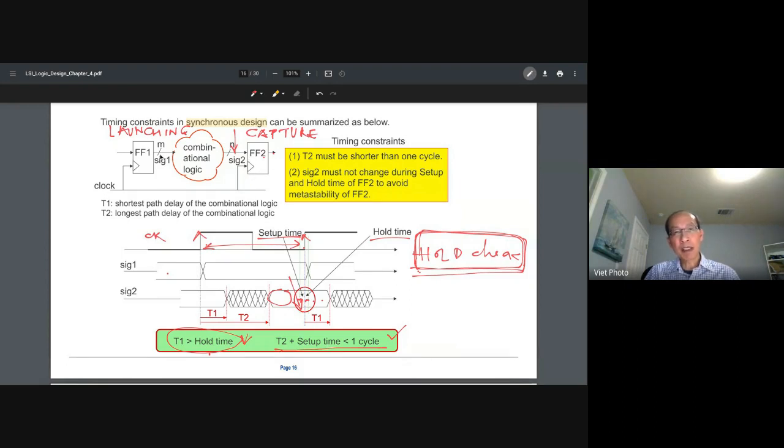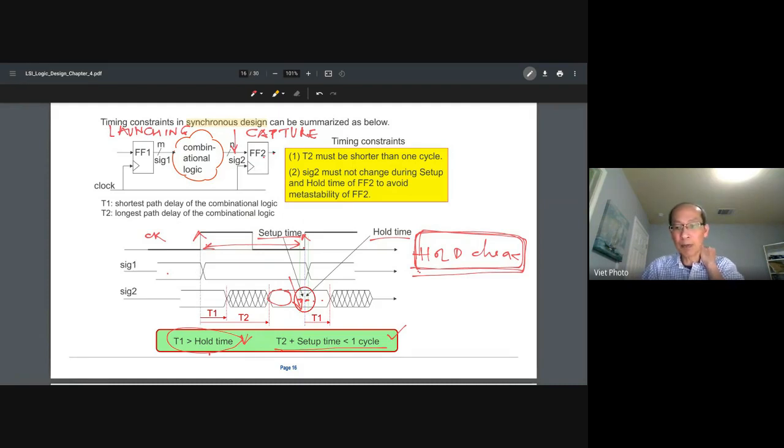If this one were bigger than cycle minus setup, then after the setup time it would be too late, and the clock here cannot capture the data into this flop 2.